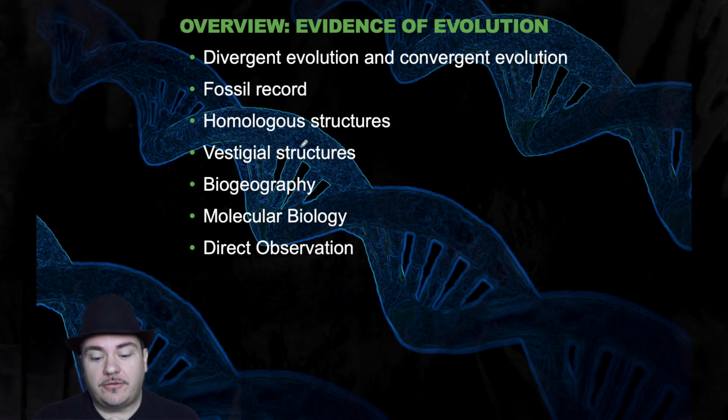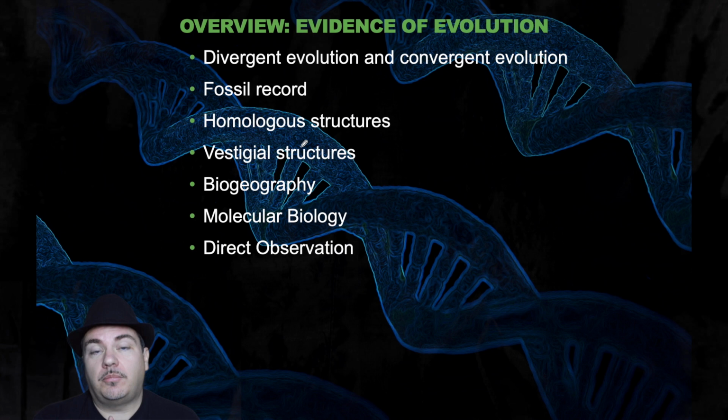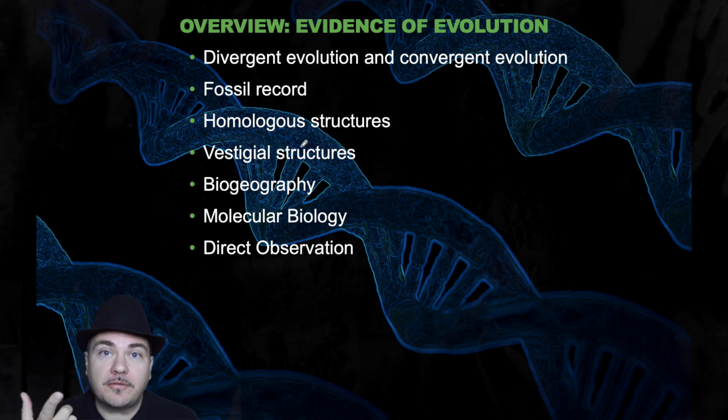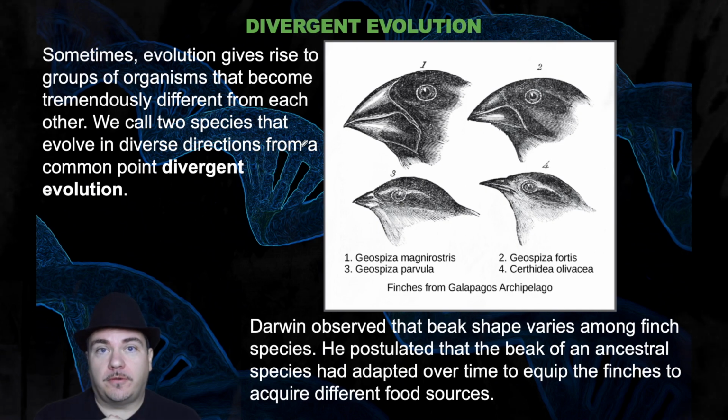So the types of evidence for evolution, which I'll explain in the next few lecture slides, are divergent versus convergent evolution, the fossil record, homologous structures, vestigial structures, biogeography, molecular biology, and direct observation, observing evolution happen directly. So, the first type is divergent evolution.